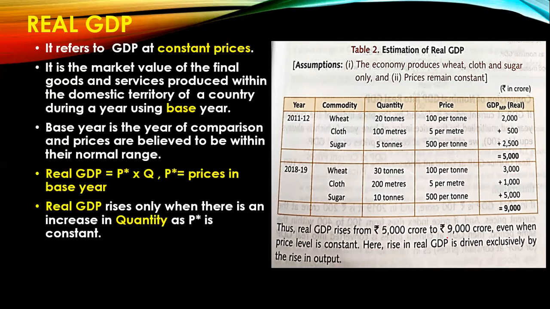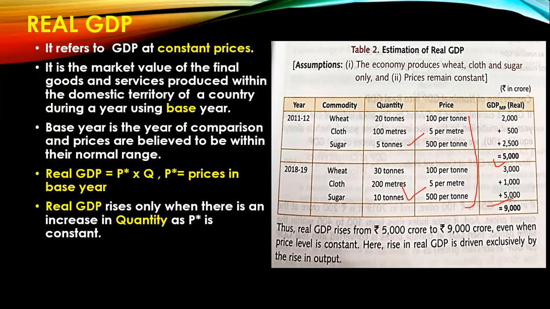So you compare, keep the price level the same, and then check whether quantity has really increased. So you can observe that yes, quantity has increased, and with the rise in quantity, you can say that your GDP has also increased. That is the true reflector of economic growth.